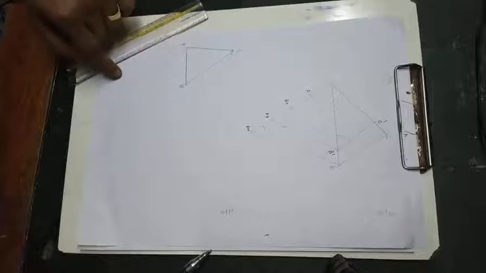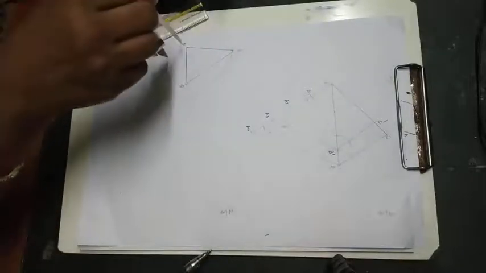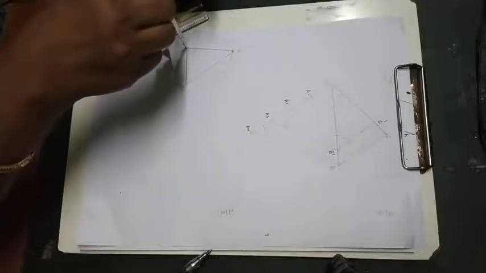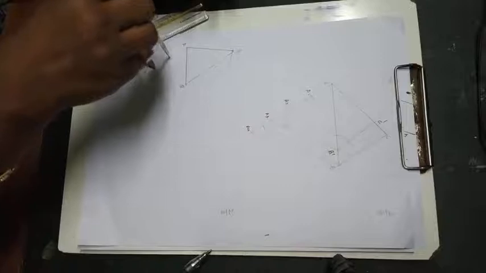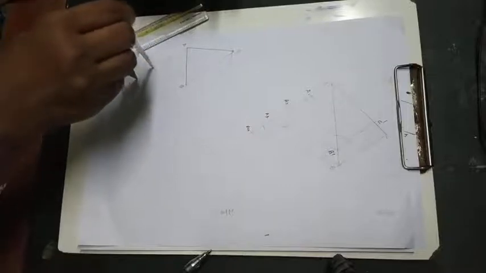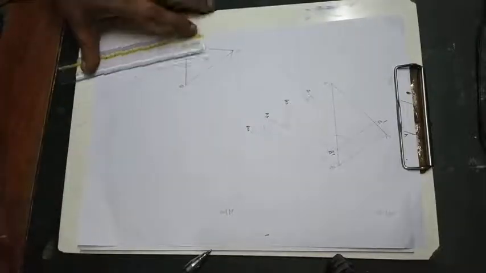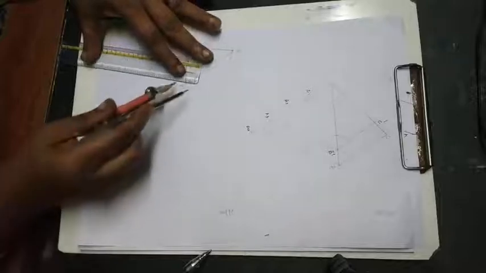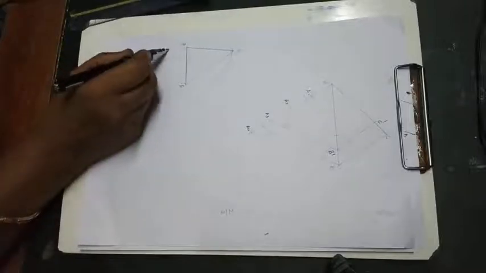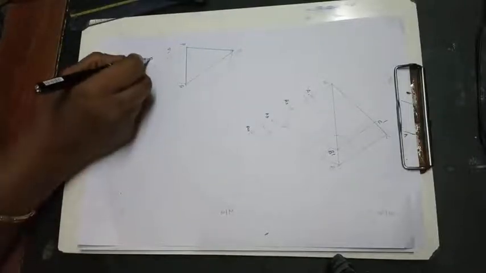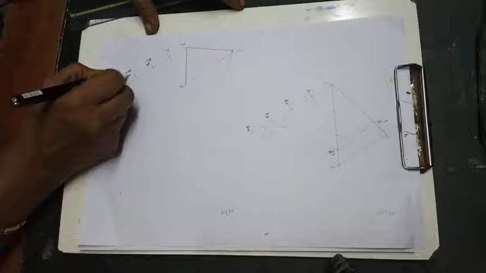Now divide this one into 3 parts. Now join that to the third part. You have to join to the next one. So P1, P2, P3.